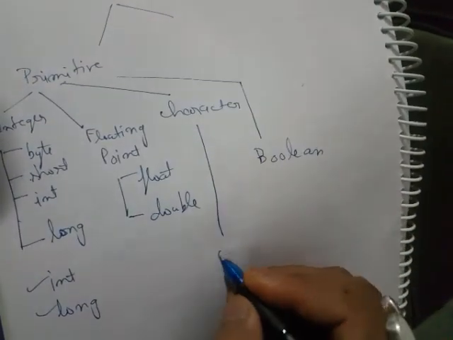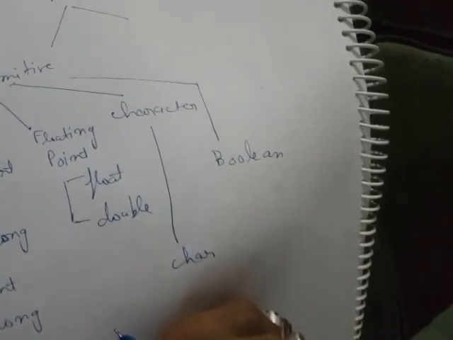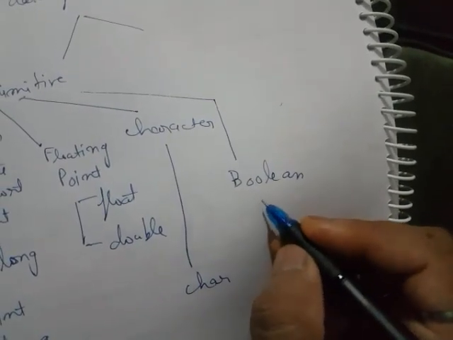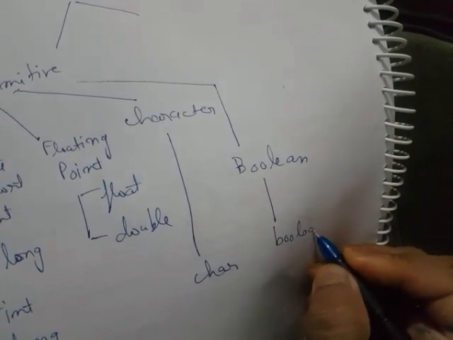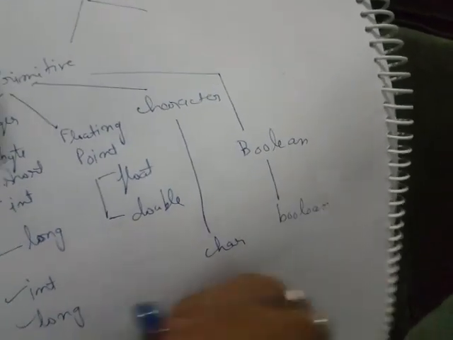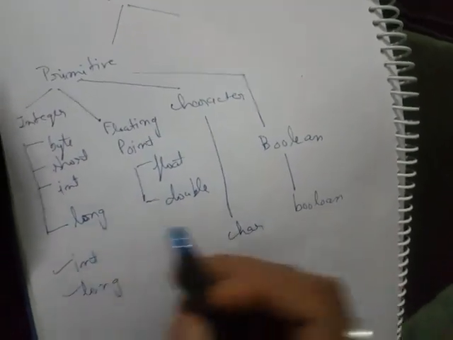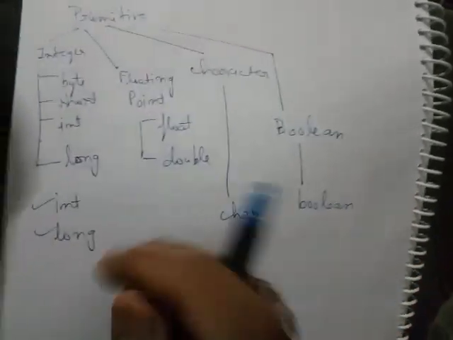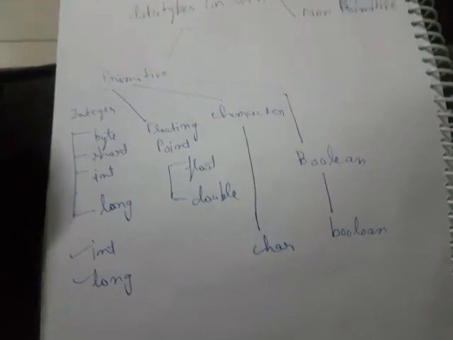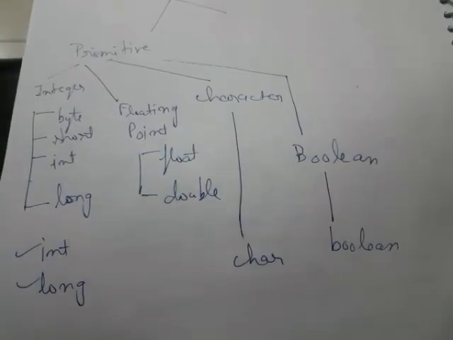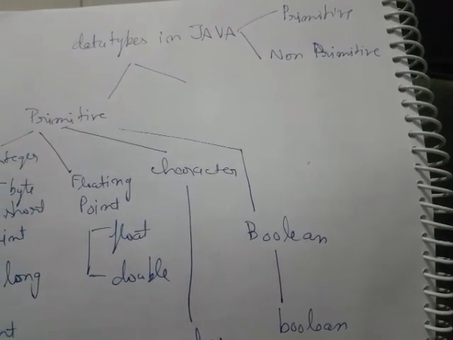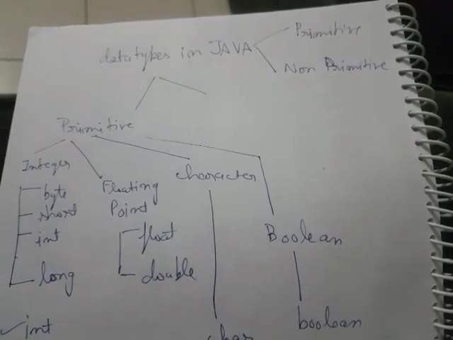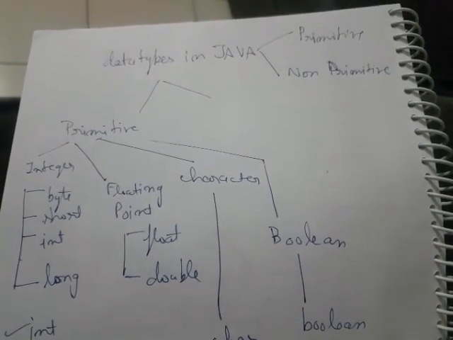For the char side, we have got a single data type, that is char. For the Boolean one, again a single data type, that is boolean. Now you will notice all these data types are in small letters. These are primitive data types. Java is a case sensitive language, so please take care of the cases of the data types.